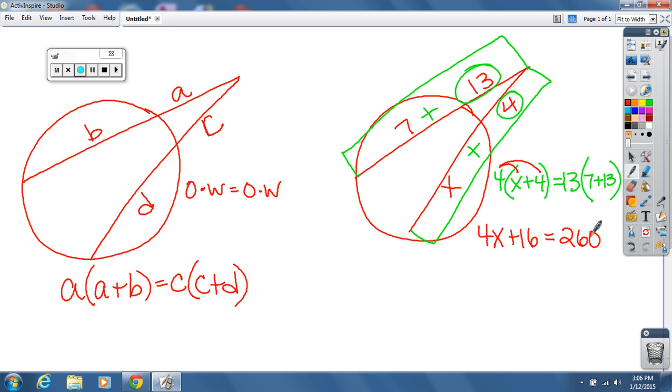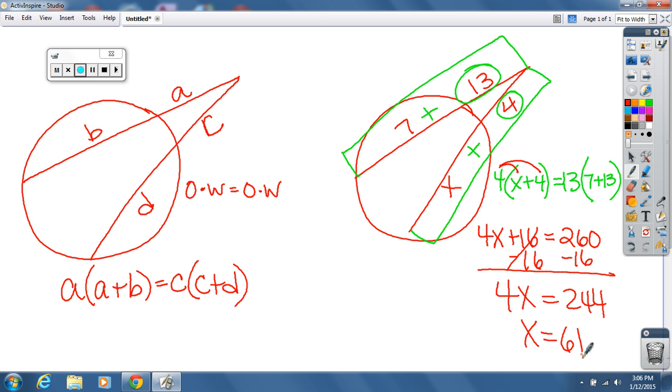So if I take that 16 and subtract it from the 260, I'm going to get 244. And then you can divide by 4 and you get 61. So x is equal to 61. And that is for 2 secants.